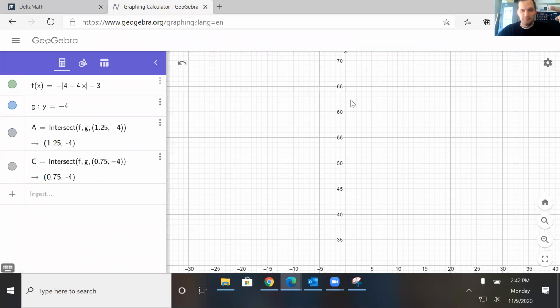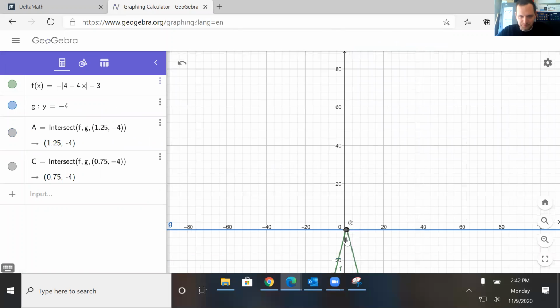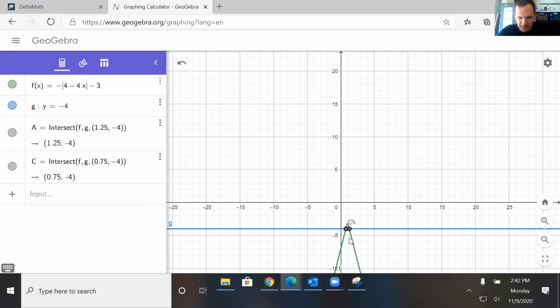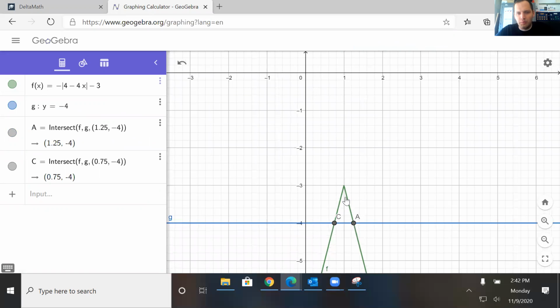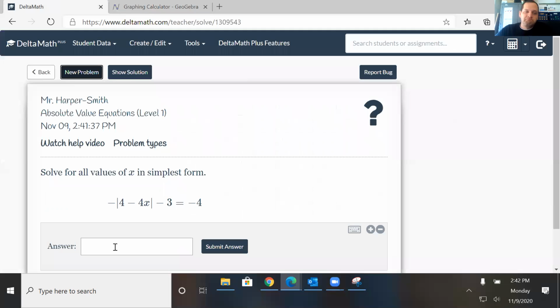That's one way to do it. The other way is to zoom in. So here I've got 1. A little bit more than 1 would be 1.25. A little bit less than 1 would be 0.75. Those are the two x values where it is crossing.